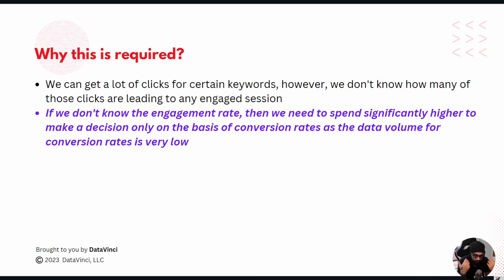If you follow this logic, that the traffic which engages with your content has a higher chance of converting later in your conversion funnel, then if you strive to optimize the engagement, you can expect that you will optimize your conversion rate as well.